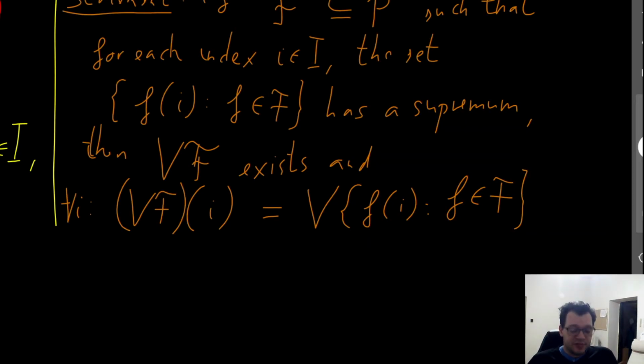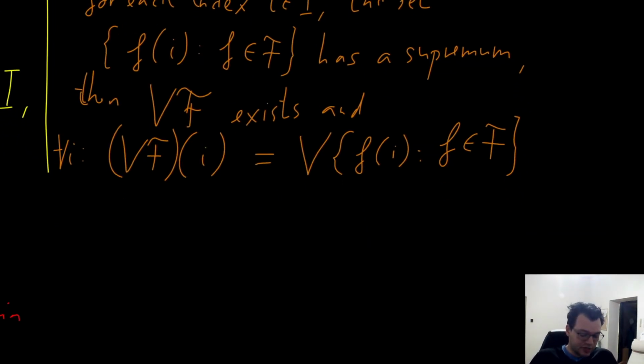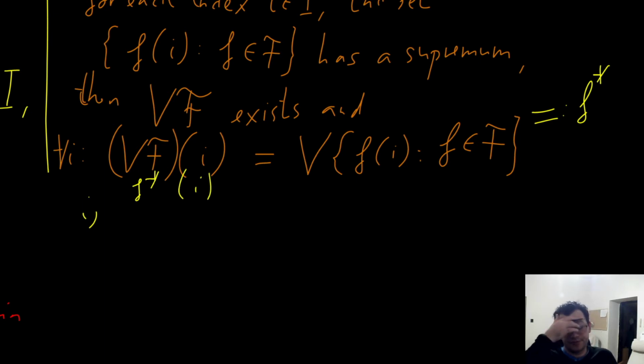So let's do this. So first, this guy, let's call this function f star. So let the function f star be defined as the function which takes the ith coordinate and outputs the supremum of these fi's.